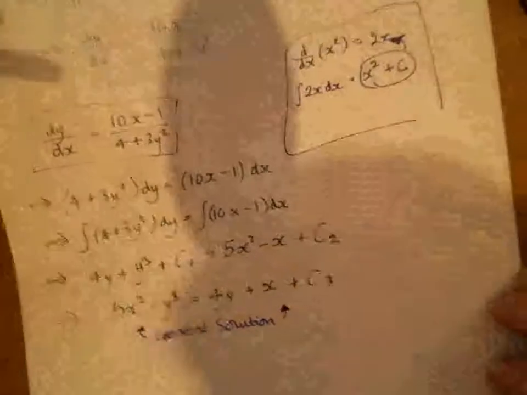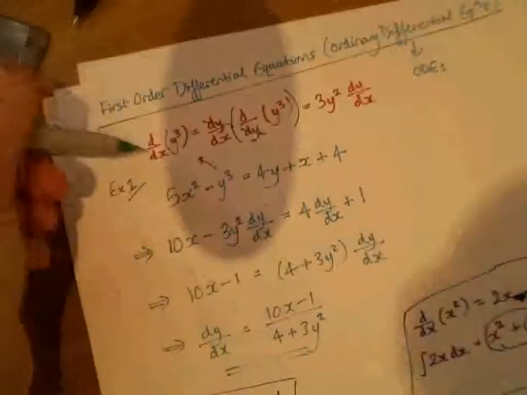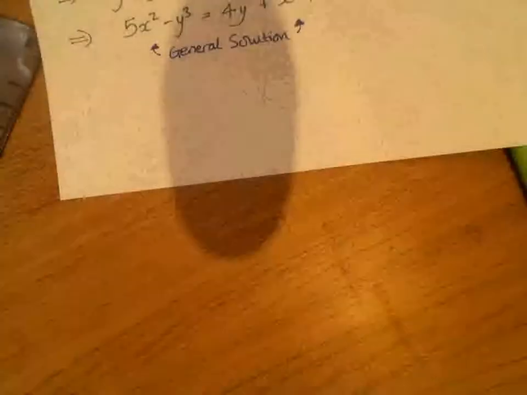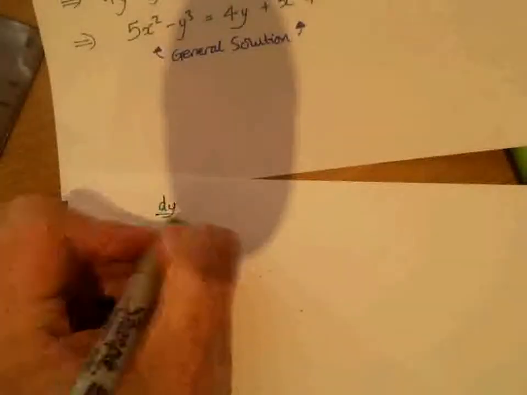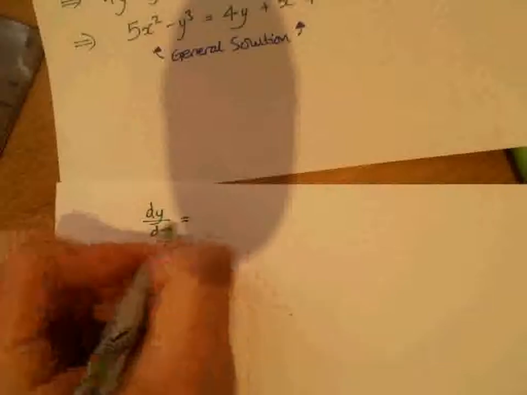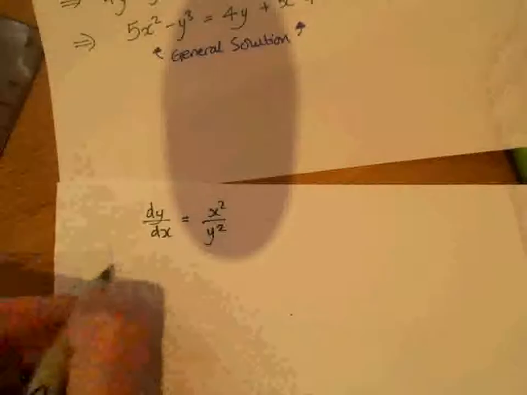So I wanted to show that and how it links in with the other part that you might do in the course, because it is essentially just doing it the other way around. And let's just have a look, whilst we're doing that, at a more simple case. So here's a sort of trivial one. We've got a differential equation, and let's just have a look at something like this, for example.